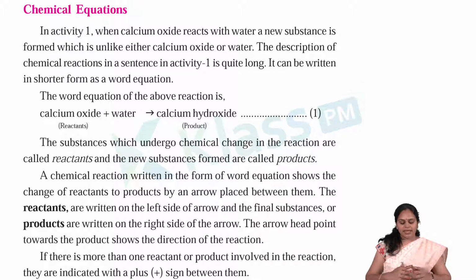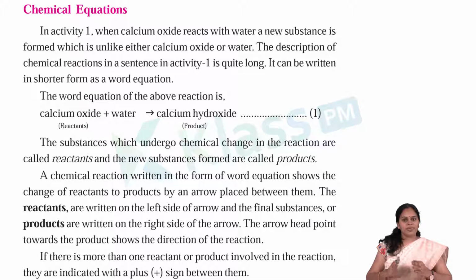A chemical reaction written in the form of a word equation shows the change of reactants to products by an arrow placed between them. The reactants are written on the left side of the arrow and the final substances, or products, are written on the right side. The arrowhead pointing towards the product shows the direction of the reaction.